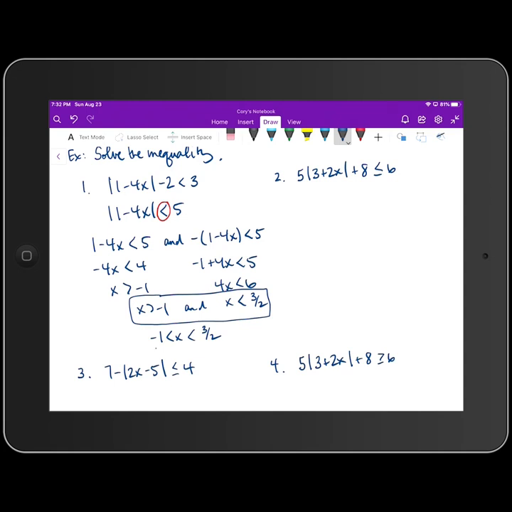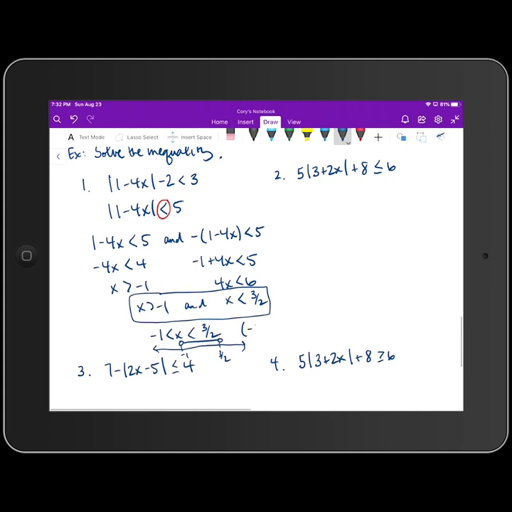If I wanted to graph that solution, it would look like this. We would have negative 1 and then 3/2. We would have open dots at both of those values, and we're looking at all of the values in between those two numbers. If I wanted to write the solution to that inequality in interval notation, that would be the open interval from negative 1 to 3/2.